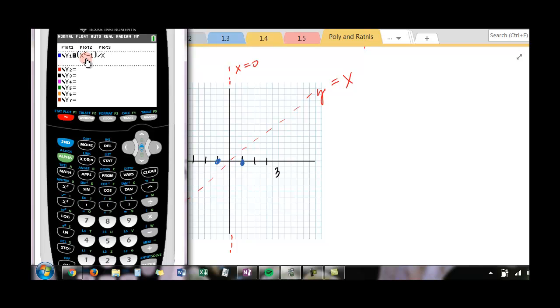Entering the function y equals x squared minus 1 divided by x, when I graph the function, you can see this oblique asymptote passing through my function. So I know that I have some sort of curve occurring on top of that, and then another curve occurring over here below that oblique asymptote.